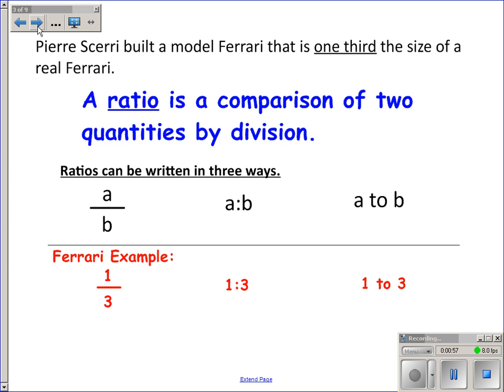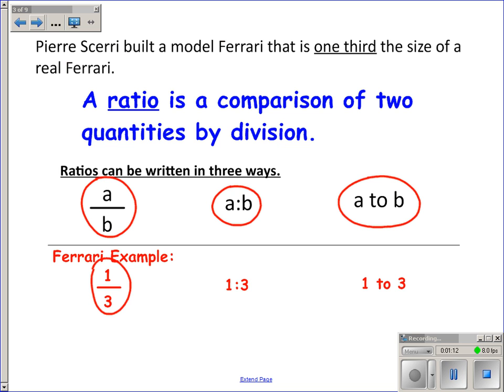It can be written as a fraction, a over b. It can be written with a colon, a:b, or in words, a to b. So in our Ferrari example, the car was 1/3 the size of the actual Ferrari. The ratio is 1:3, or in words, 1 to 3.